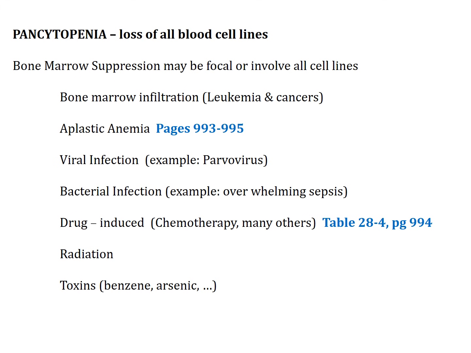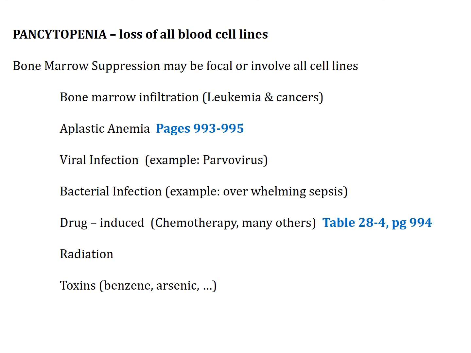Remember we talked about panhypopituitarism, complete failure of the pituitary, where numerous hormones are low. Pancytopenia, we're using that prefix again, pancytopenia, loss of all blood cell lines. So now you've got total suppression of the bone marrow rather than just suppression of one cell line.